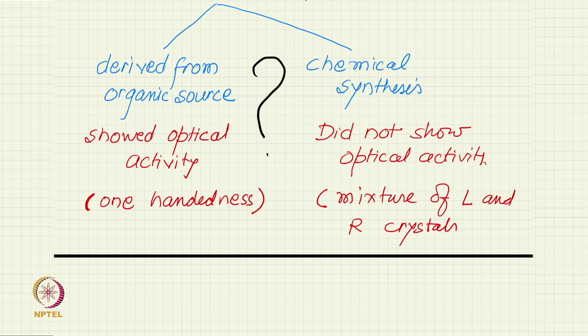So he actually crystallized these compounds and manually separated the left-handed and right-handed crystals, and then could show that because of the equal mixture of left-handed and right-handed, although individually they are capable of rotating the plane of polarization, when you mix them in equal amounts, they cancel the optical activity of each other, and there is no net optical activity shown by the compound.